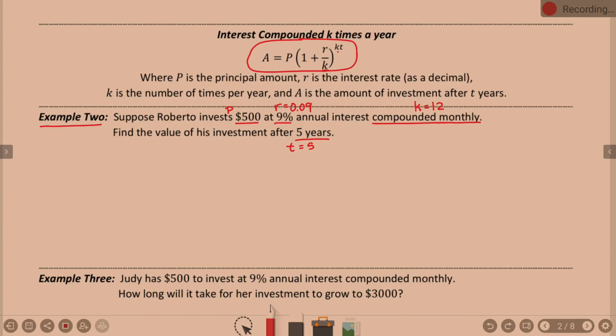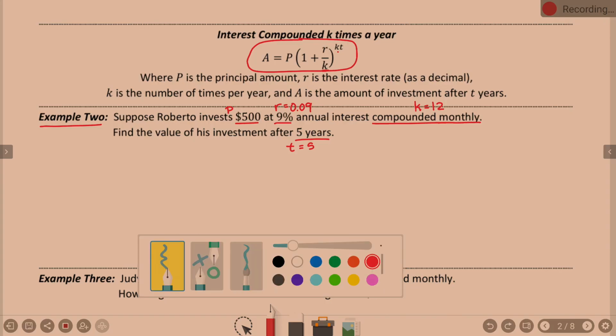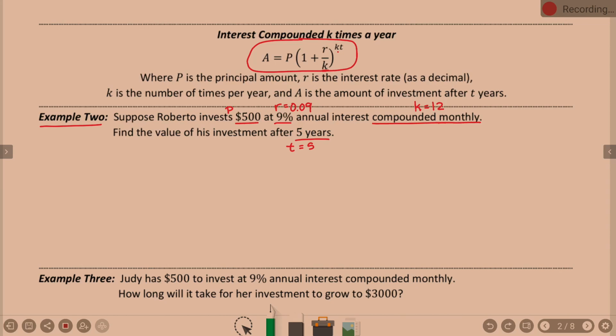By the way, if you didn't grab a calculator before class began, you will need it today. So with all of this in mind, fill in your formula, and the key is to make sure you know how to plug things into the calculator, right? Not that it's super hard, but there are mistakes that can be made. So my formula I'm using, A equals P times 1 plus R over K raised to the KT.